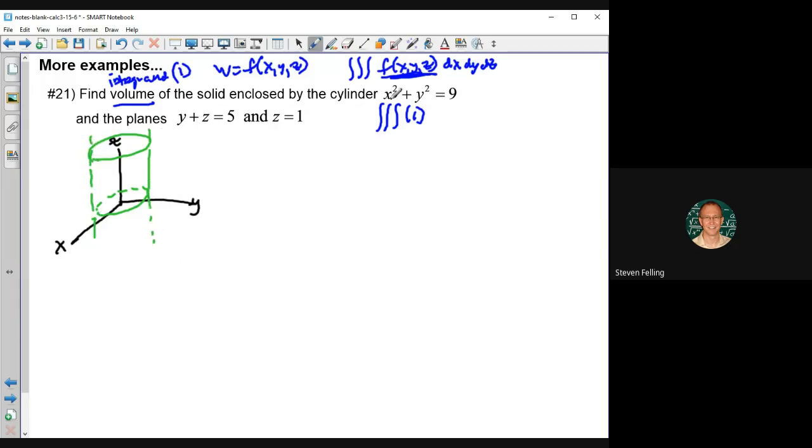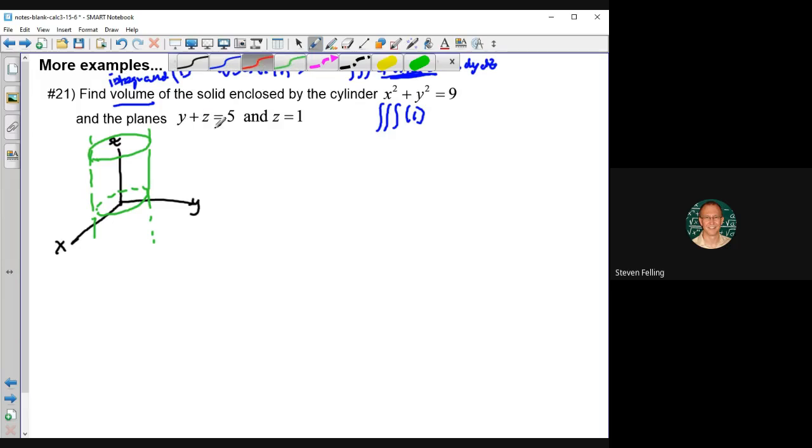Okay, so there's a cylinder. There's also a plane, y plus z equals 5, where x is not specified. So it's a plane that just goes in this direction. Maybe what I could do is say, if x was 0, what would the intersection of that plane be with the yz plane? I'll use red here for a second.